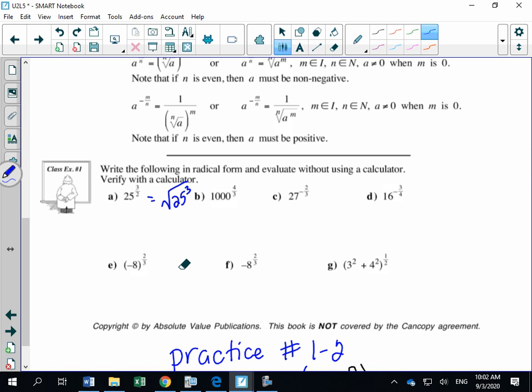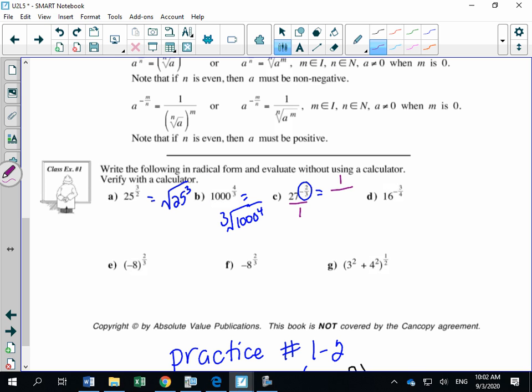Okay, for B, what would this guy be? The third root of 1,000 to the power of 4. This one has a negative exponent. So the first thing you have to do is write that with a positive exponent.